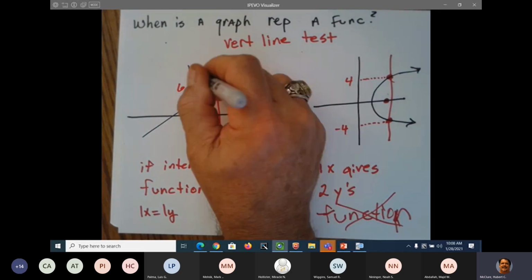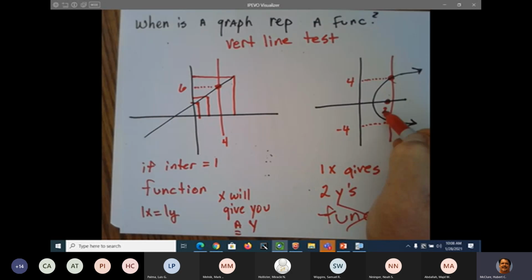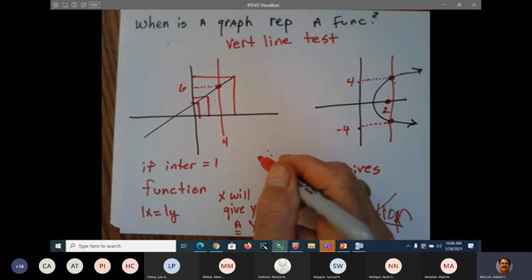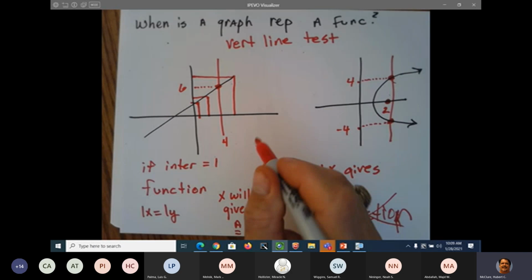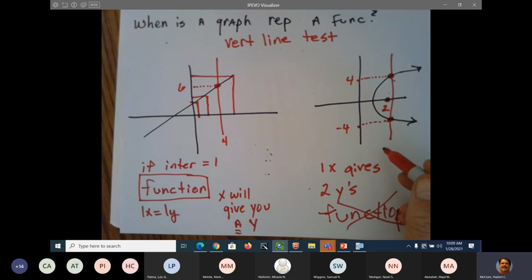One answer. Here, let's say this x is 2. When I plug in 2, I not only get a positive 4, I also get a negative 4. So when you have one answer for each x, that is a function. When you have 2 answers for each x, that is not a function.